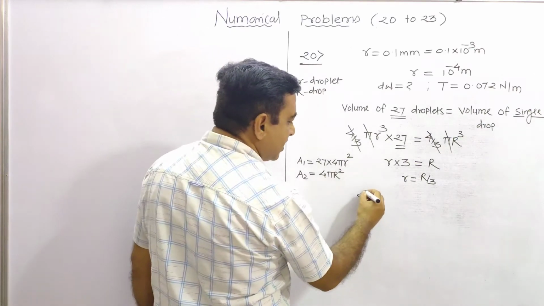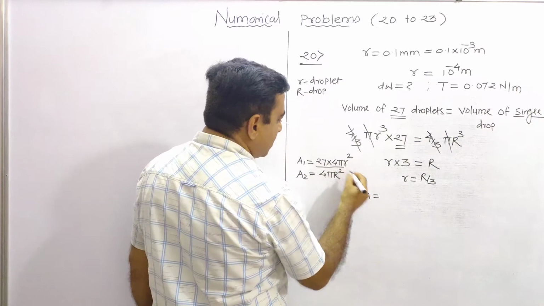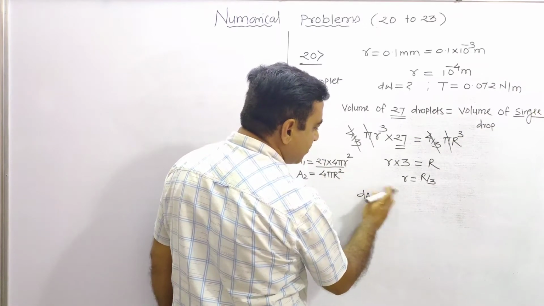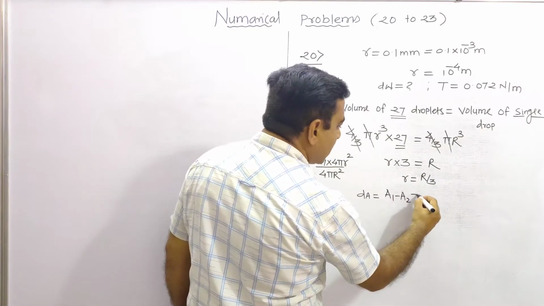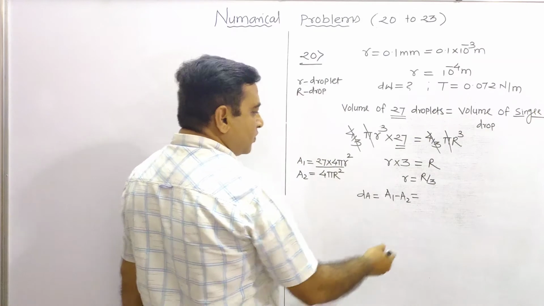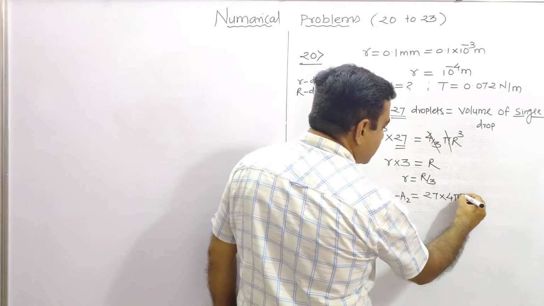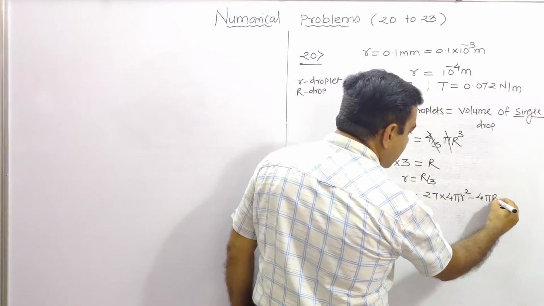So the change in the area dA is equal to A1 minus A2. The first one is the bigger one, so 27 into 4 pi small r square minus 4 pi capital R square.